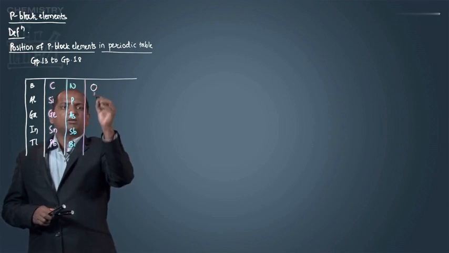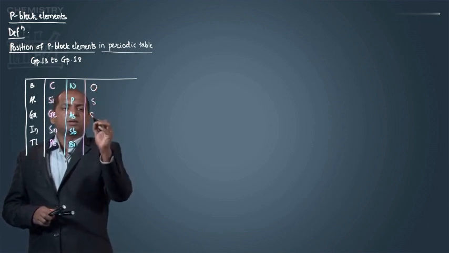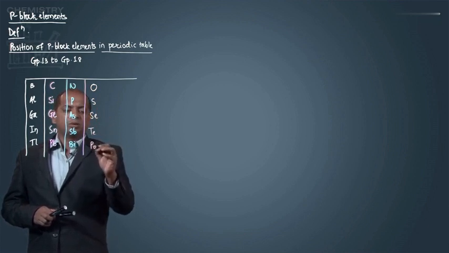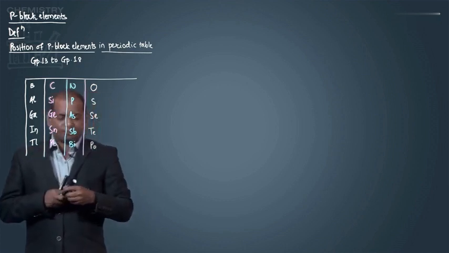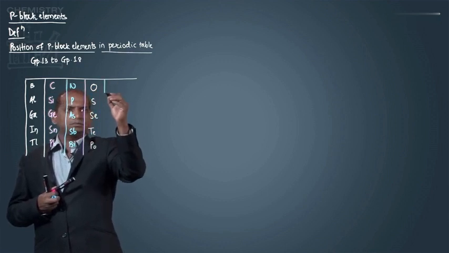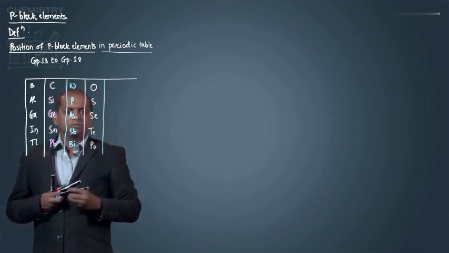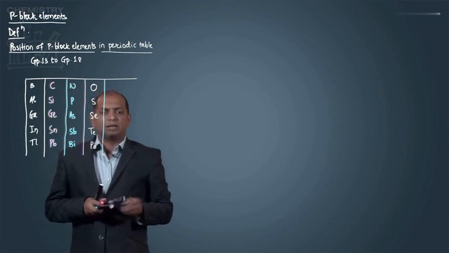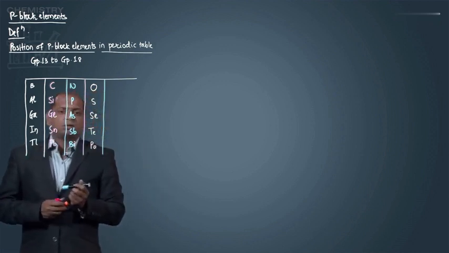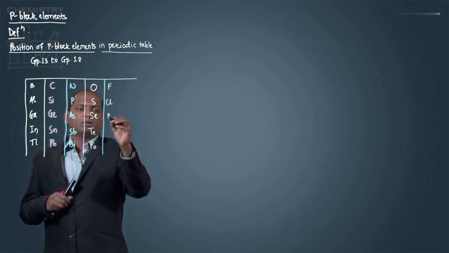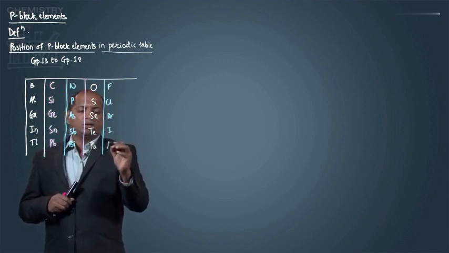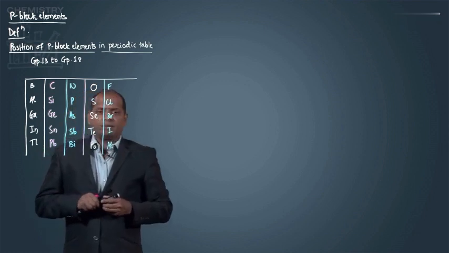Then we have oxygen, sulfur, selenium, tellurium, polonium. Okay. Then the halogens, fluorine, chlorine, bromine, iodine and astatine.